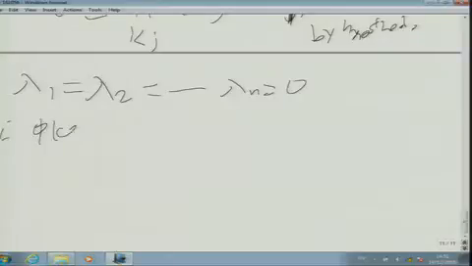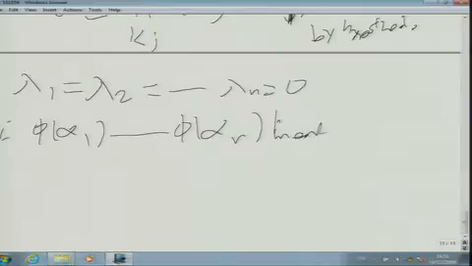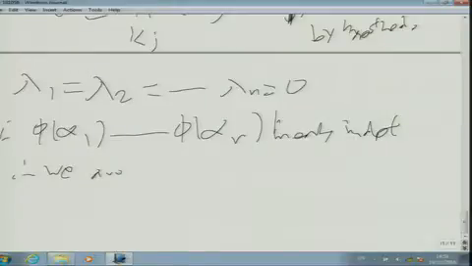Therefore, phi(alpha_1) to phi(alpha_n) are all linearly independent, and we are done with the proof.